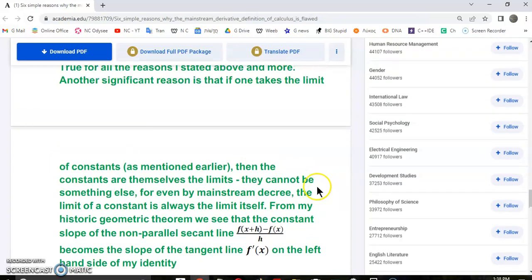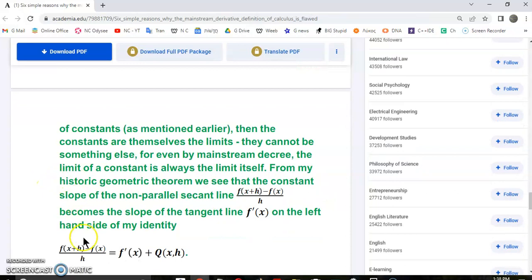And another significant reason that I've mentioned before is that taking the limit of constants gives the constants themselves. This is even true by mainstream understanding or decree. The limit of a constant is always the constant itself. It can't change. It cannot change into something else. Okay?